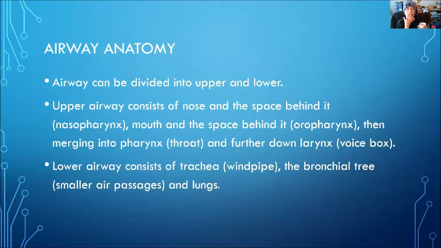Then the oral and nasopharynx merge into the pharynx or the throat. Further down, we've got the larynx or the voice box, and then the lower airways, which consist of our windpipe and bronchial tree, which are the transport tubes, and our lungs, which are the gas exchange organ.